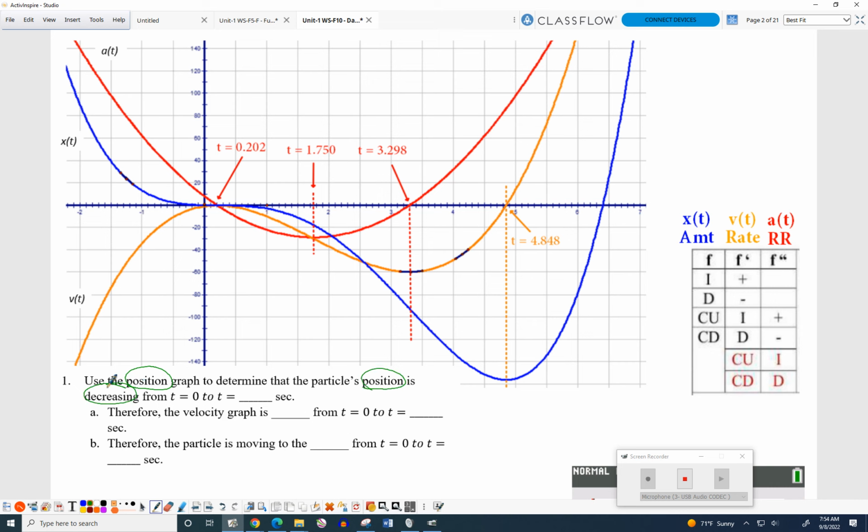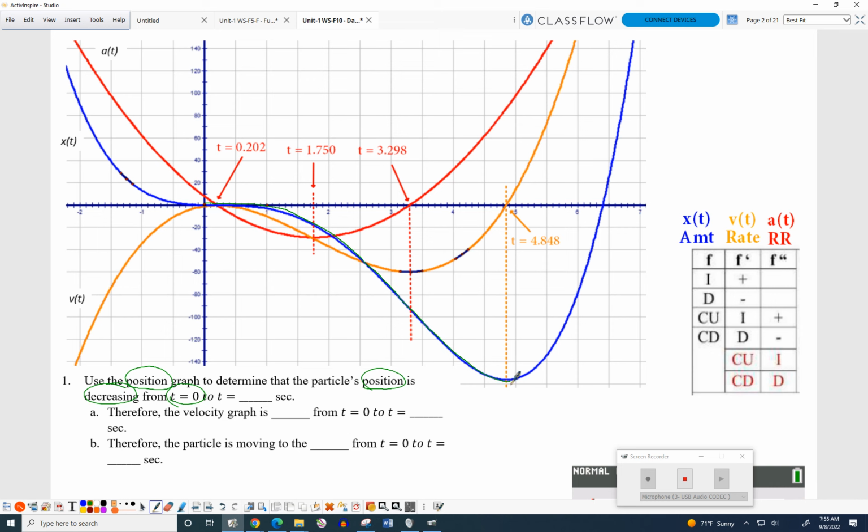So we've already done that. We've discussed that on previous days. If I'm just looking at position, we're starting at time equals 0. Beginning at time equals 0, if I follow the numbers, I find that my position is becoming increasingly negative all the way to this time.